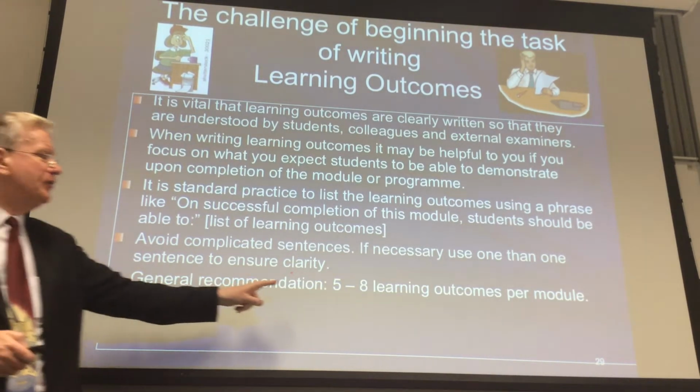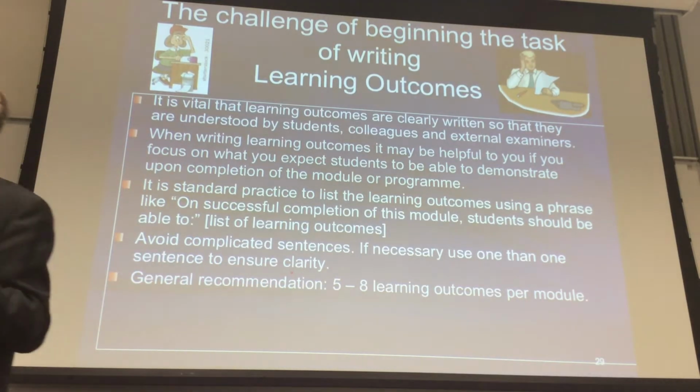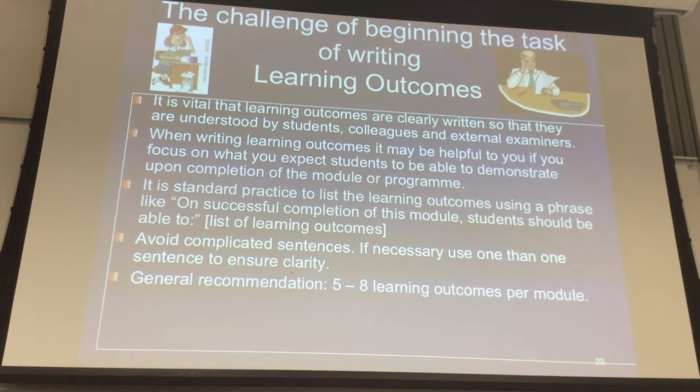Generally, for every module, the recommendation in the literature is that you write a maximum of 8 learning outcomes. So 8 learning outcomes maximum. In this university, we allow people to write up to 9. If they write more than 9, we get back to them and say, you are being too specific. Leave it at 8 to give yourself a bit of leeway when setting examination papers.